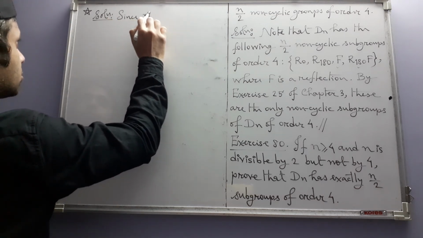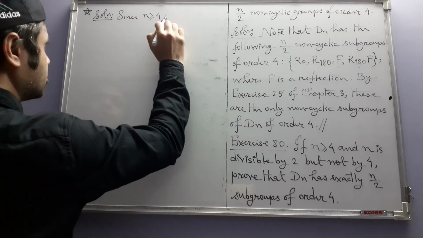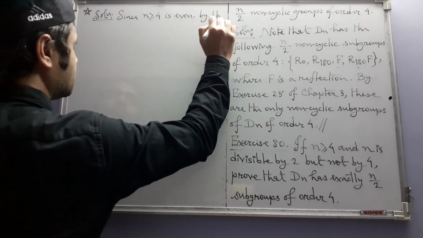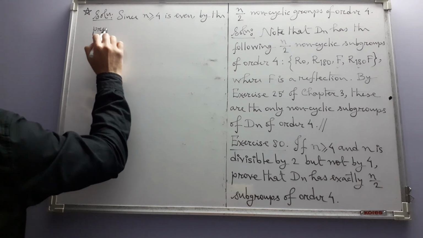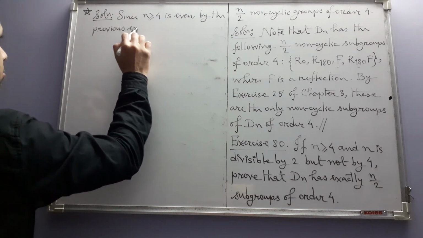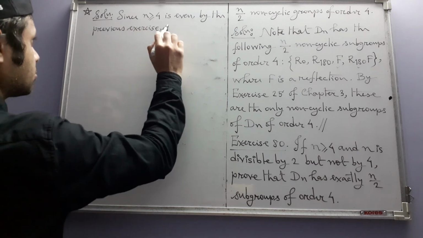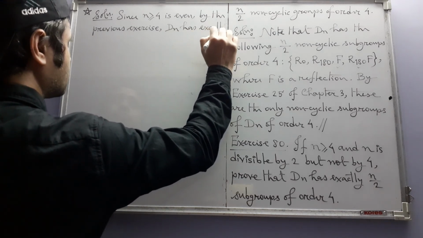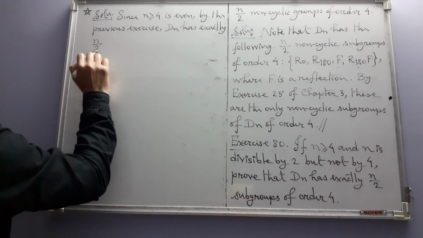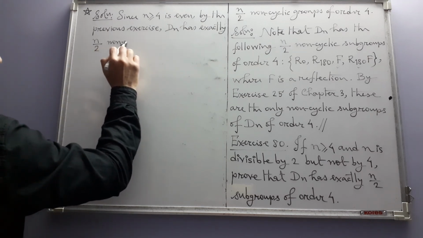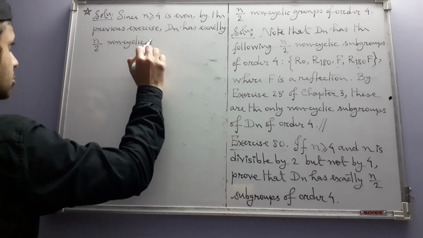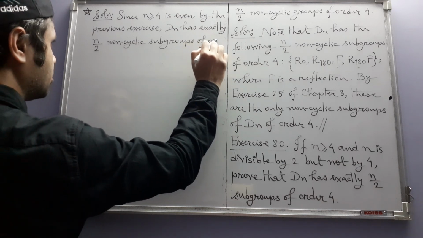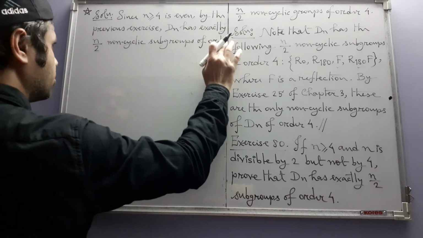Since n greater than or equal to 4 is even, by the previous exercise, Dn has exactly n divided by 2 non-cyclic subgroups of order 4.